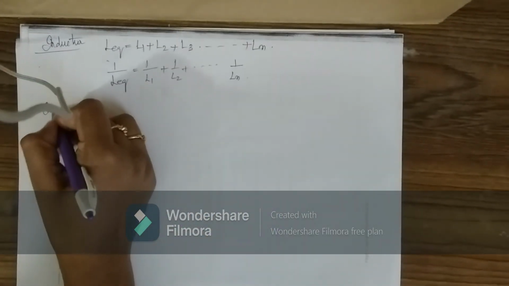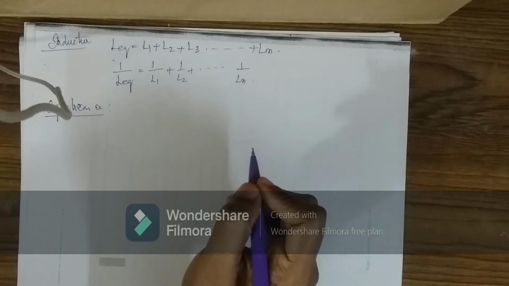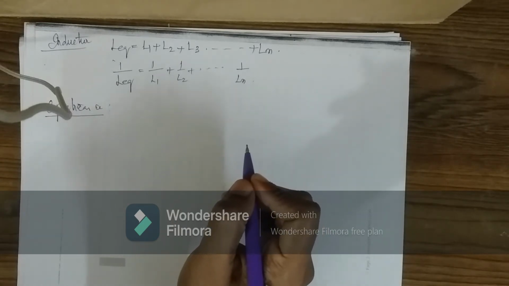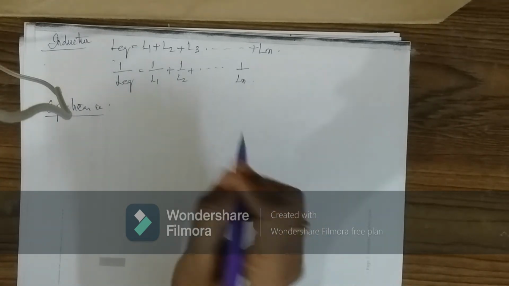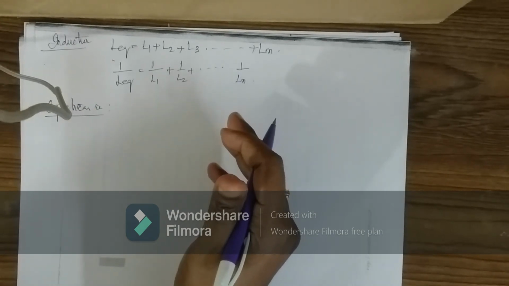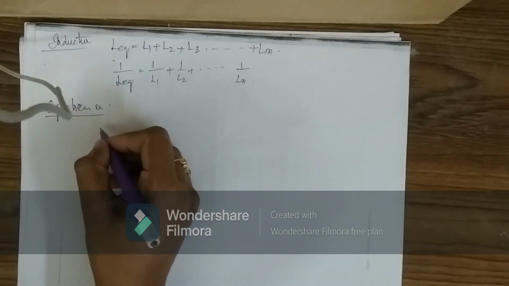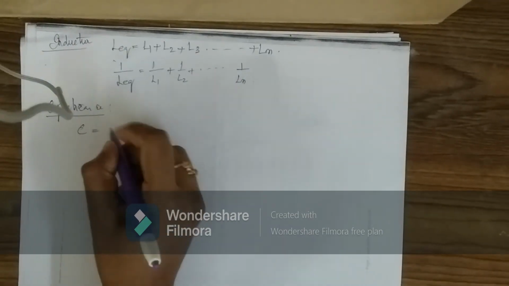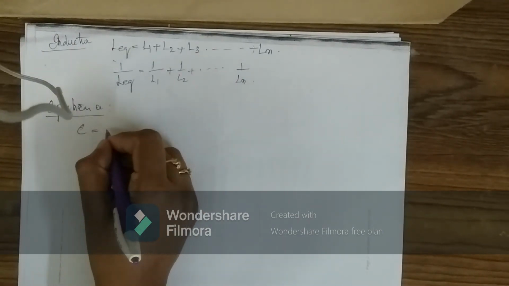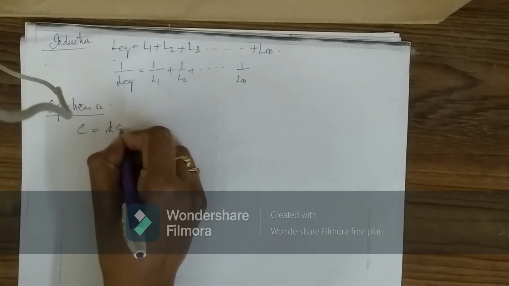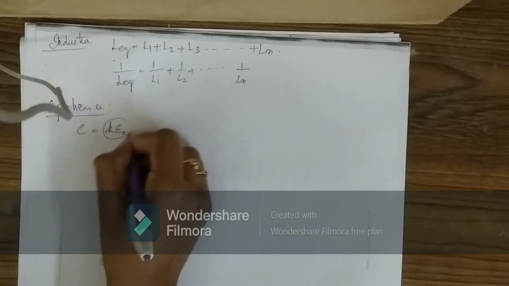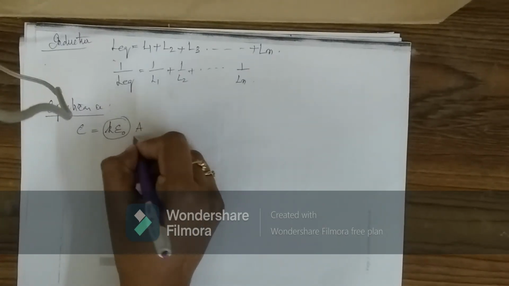Next, capacitance. A capacitor is just like a resistor, but just opposite. Your capacitance is equal to permittivity times A by d.